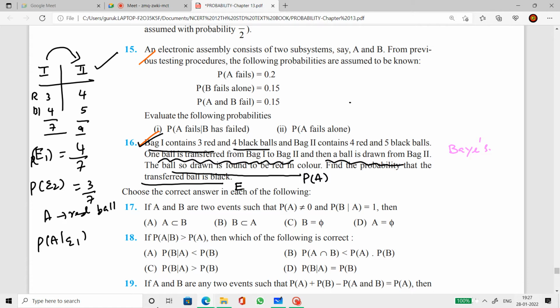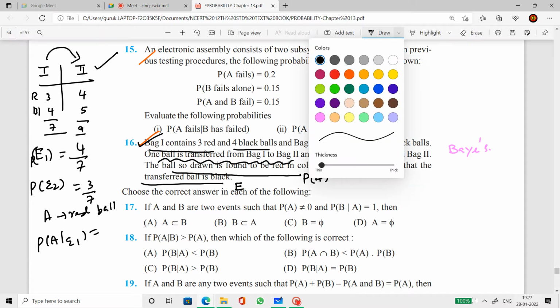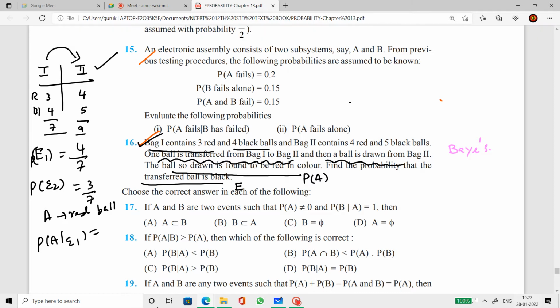So when the transferred ball is black, the black ball count will increase. So black will become 5, the total will become 10.